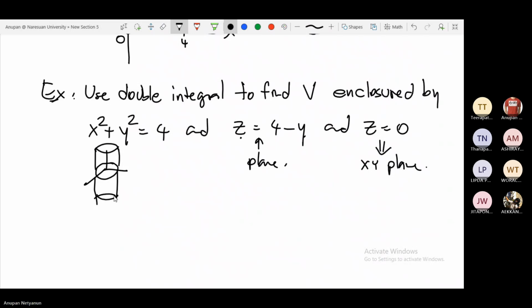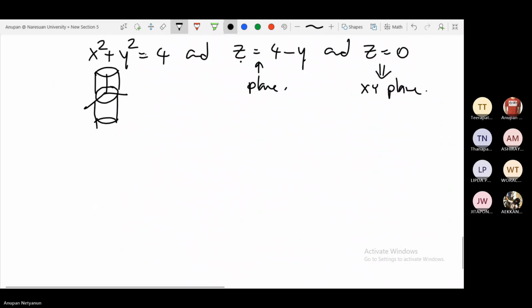Now, combine these four pieces of information together. Let me draw a graph for you. You have something like this. Okay.